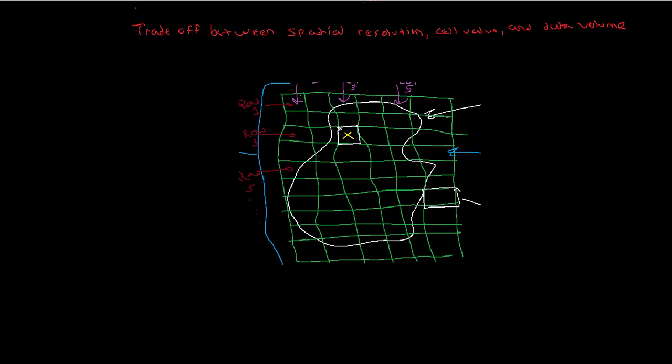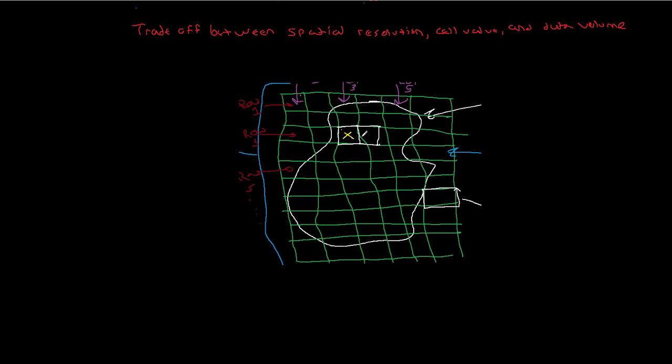Now imagine that we generated a new raster with a spatial resolution half the size, right, half the size. So if we did that, I'll go over here, this is our original grid cell.